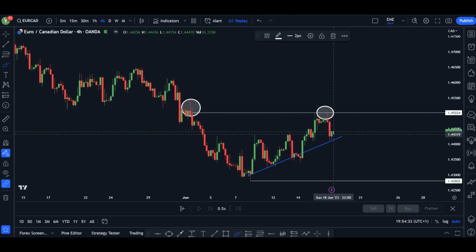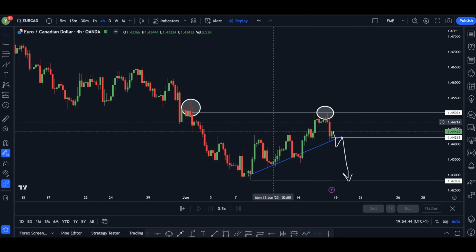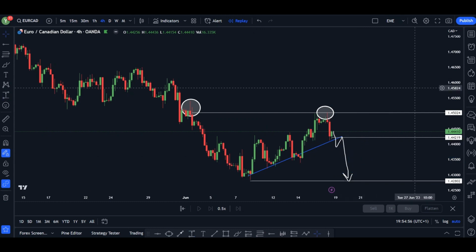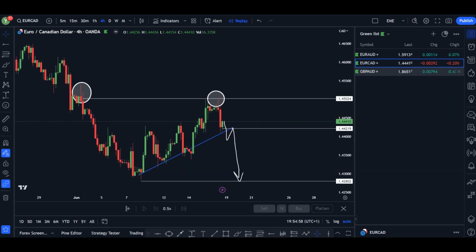If we break out of this trend line and maybe we test, then that will be a sign for us to start anticipating shorts within the trading week. So there's a potential move here, and there's lots of room. From this level here, even if you don't get all the way to this, even half of it here, that's about 85 pips. So this is a decent trade setup.